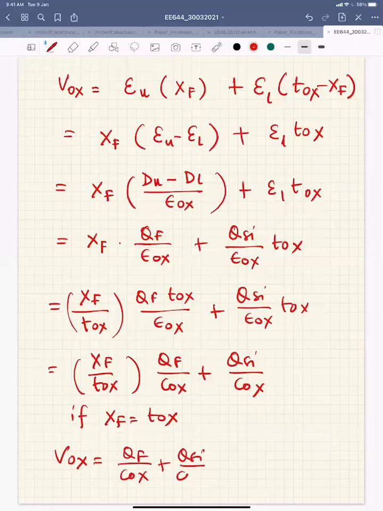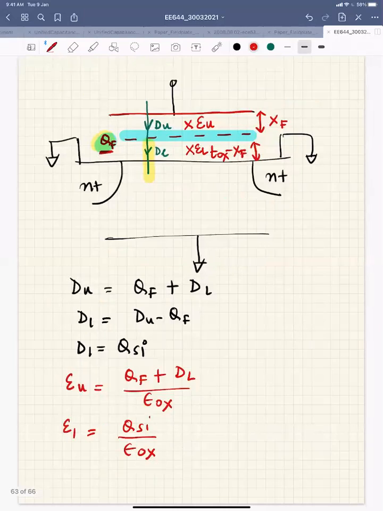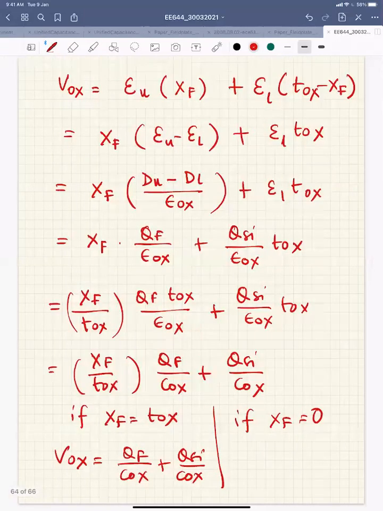But if XF is 0, that means the charge is located at the metal and oxide interface, then there will be no effect on Vox. Because charges in the oxide change the electric field in the oxide, the voltage drop across the oxide will change. Since the voltage drop across the oxide changes, your threshold voltage will change.